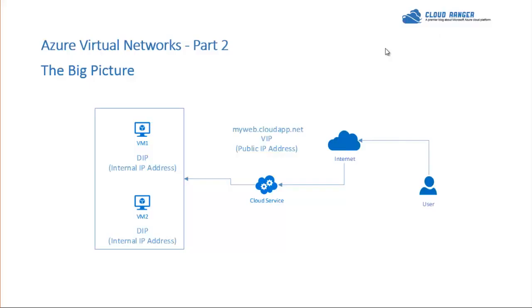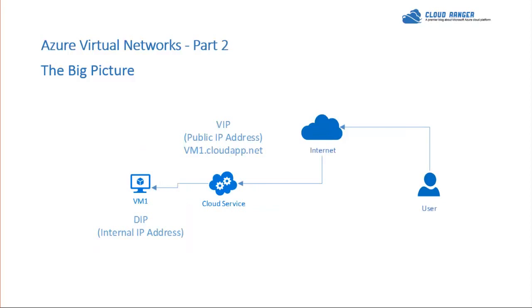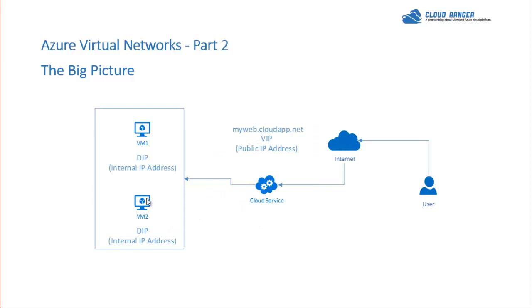Let's go back to our slide here. That's what we mean by cloud service, and that's how the bigger picture is, that you would go as a user, hit the cloud service, and go get to your virtual machine. So in our previous slide, obviously, we saw this was the story. And when you come to this scenario, obviously it has its own internal IP address.